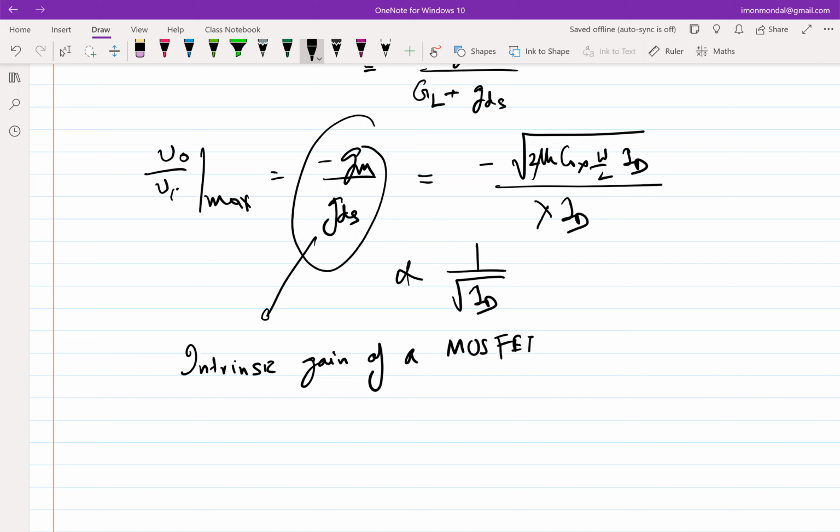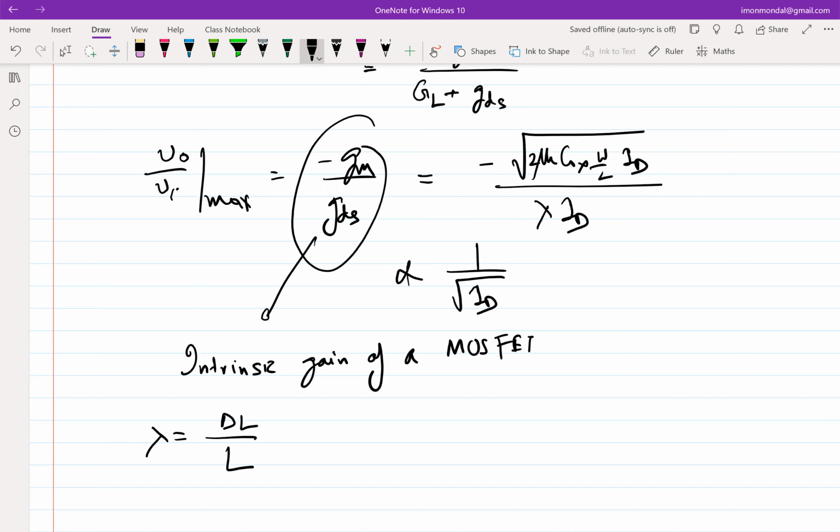One more important observation: is lambda a design parameter, or is lambda a device parameter that you cannot do anything about? Exactly, right? So your lambda is delta L by L. Delta L, you cannot do anything because it depends on how much the channel will move.